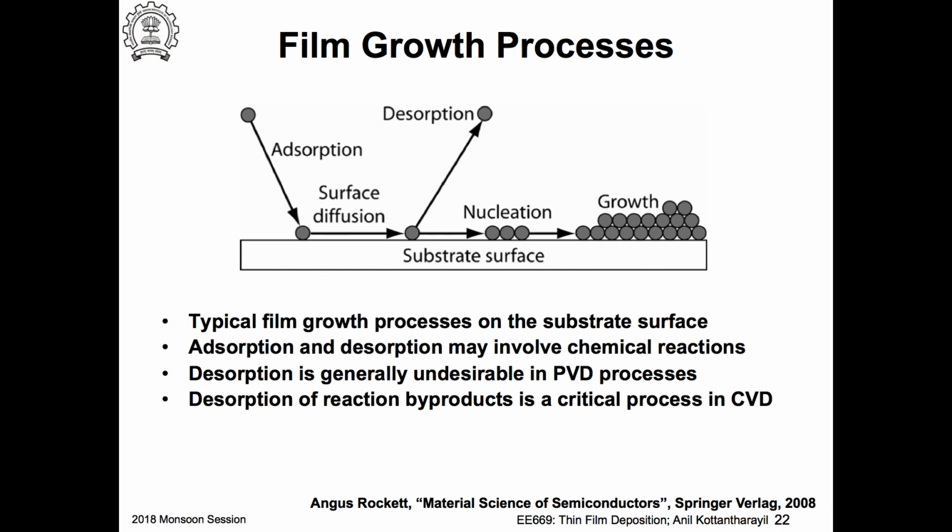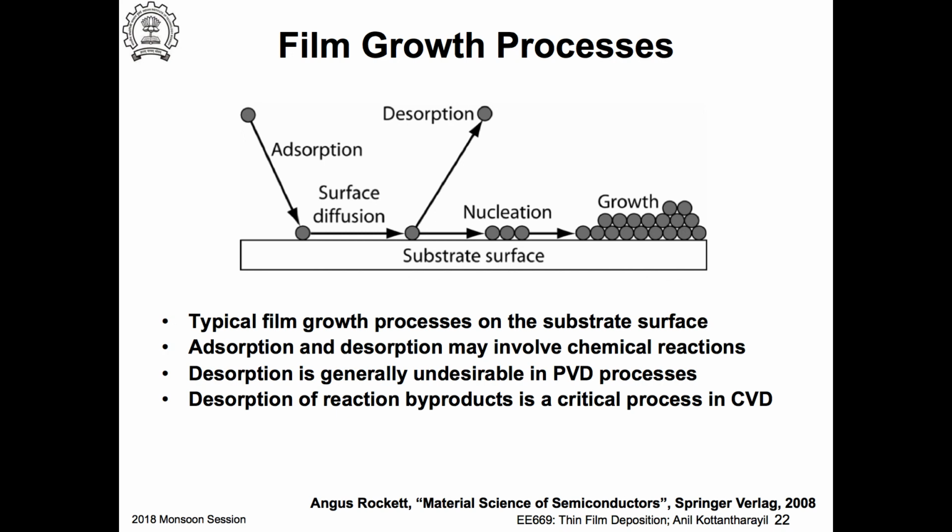But this is a very important process in chemical vapor deposition, where you may have a chemical reaction happening on the surface. Many of the byproducts that are produced due to this chemical reaction have to be removed. Okay. So desorption is a very important consideration in chemical vapor deposition.